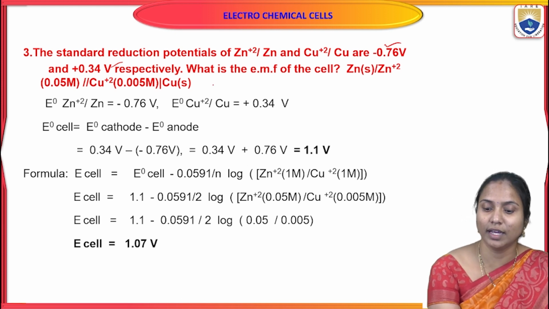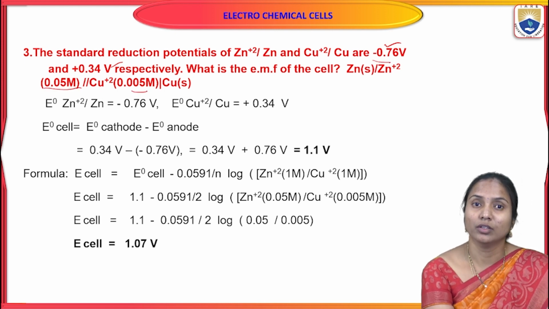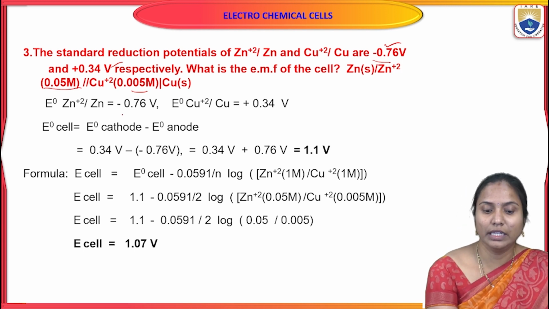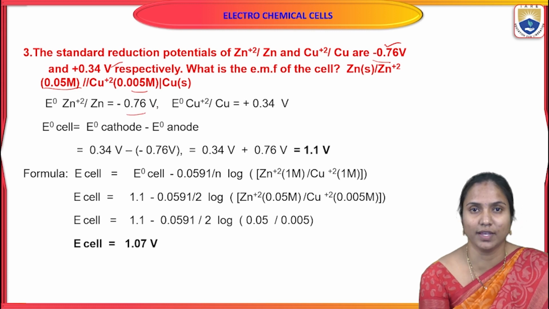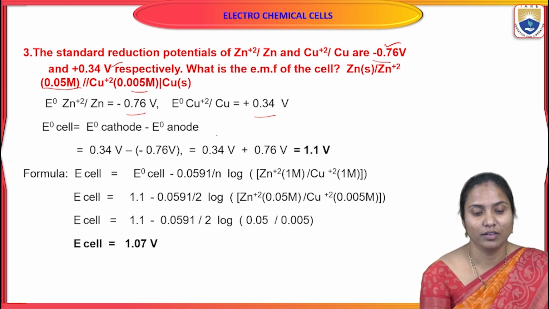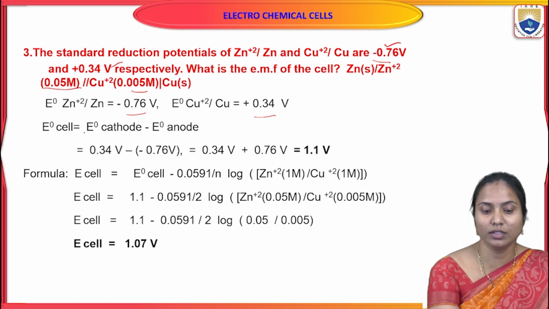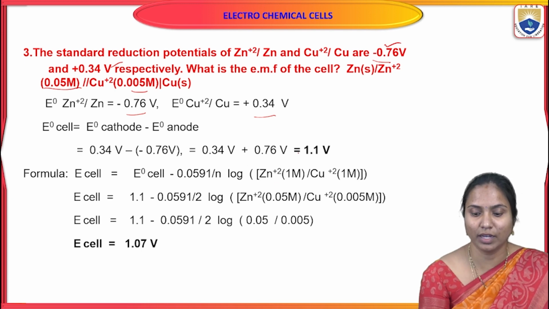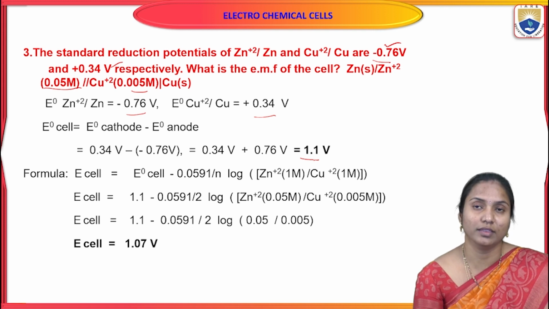E naught value of zinc is 0.76, E naught value of copper is 0.34. So how can we calculate the E cell, the EMF of the cell? E cell equals E naught cathode minus E naught anode. Substituting the zinc and copper values in this formula, finally you will get 1.1 volts. This is the EMF of the given galvanic cell.